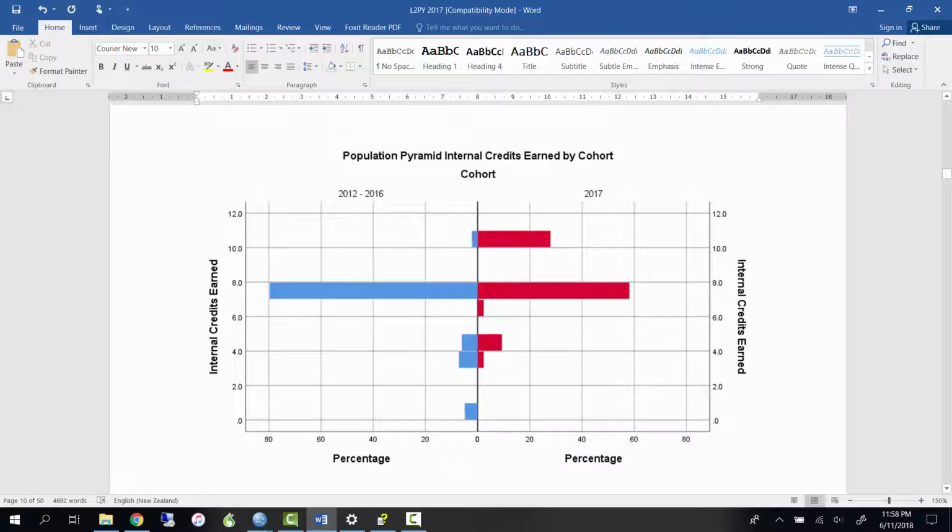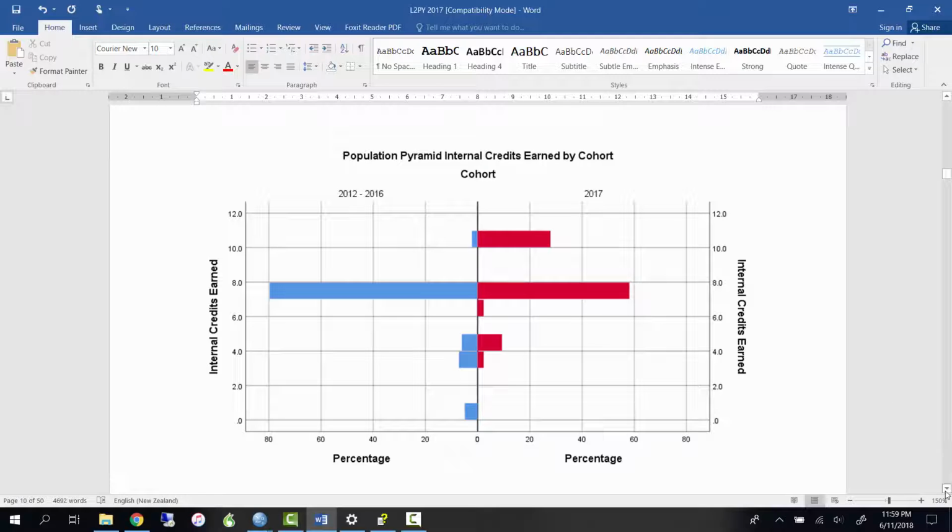So 30% of the students got 10 credits in 2017. And this looks like the distribution is pushed up in comparison to this one. So I would expect that there might have been an improvement in the internals.